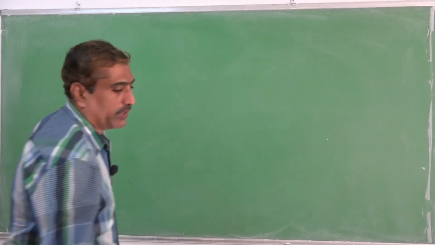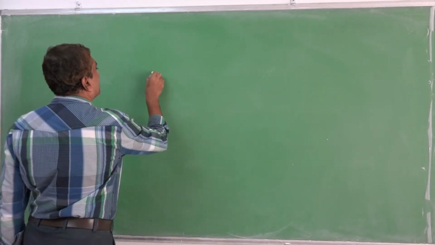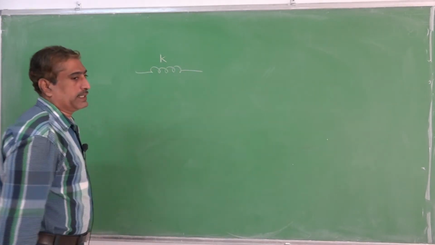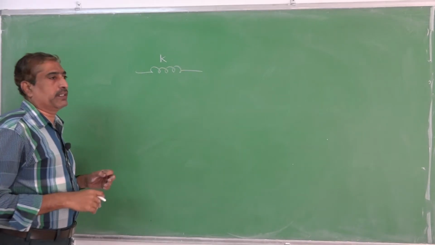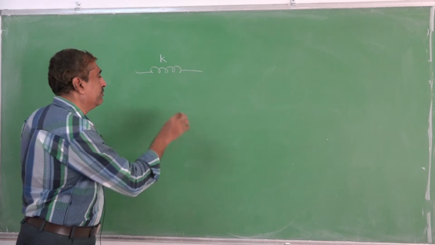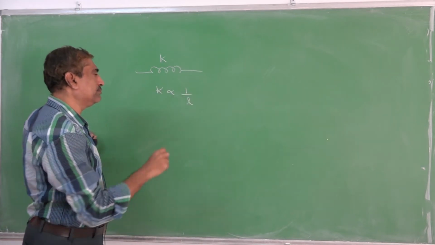And now, spring problems, you remember this. Suppose a spring of spring constant K is cut into two parts, then the spring constant of the divided part is, you remember that spring constant is inversely proportional to length. Okay?